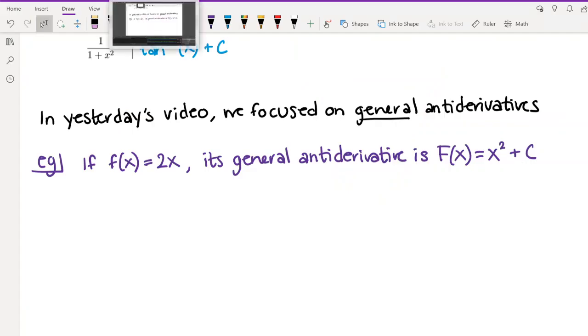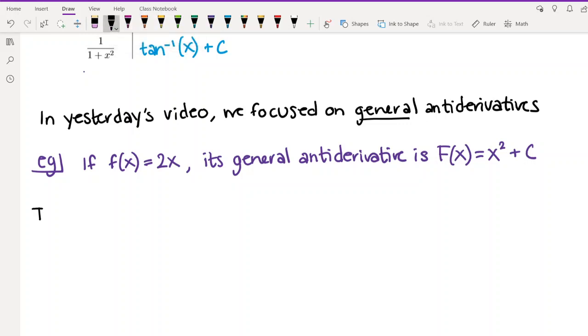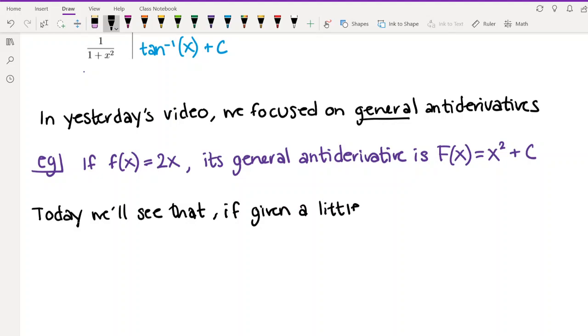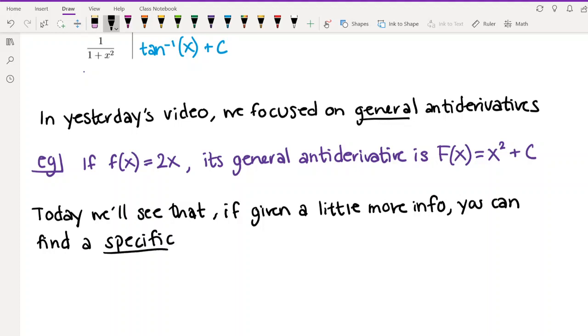So today we'll see that if you're given a little more information, you can find a specific antiderivative.